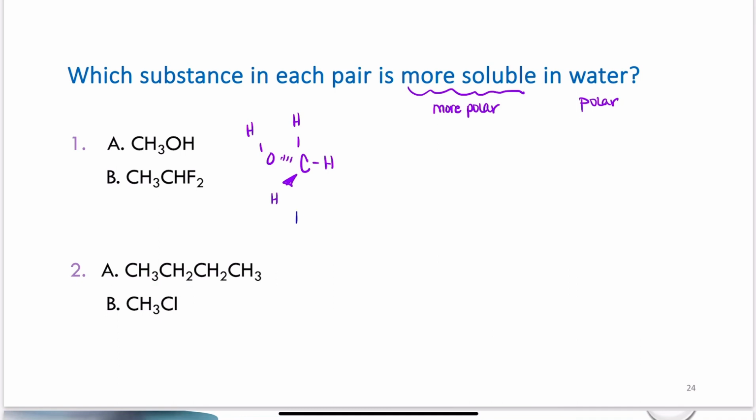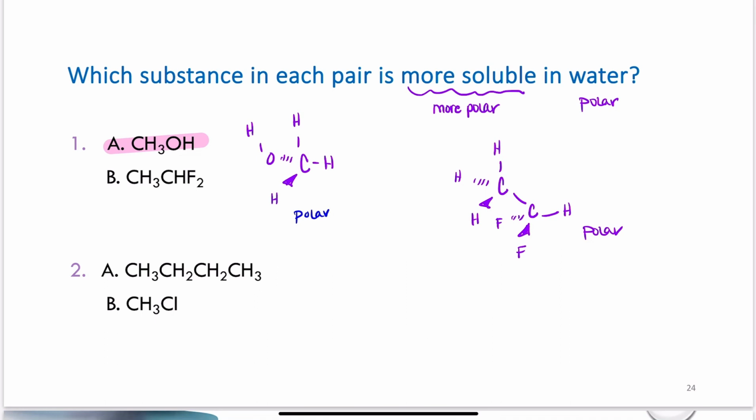That's definitely polar. CH3CHF2. It's also polar. Which one's more polar?